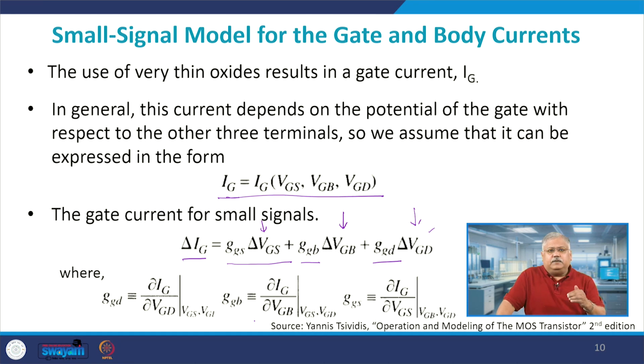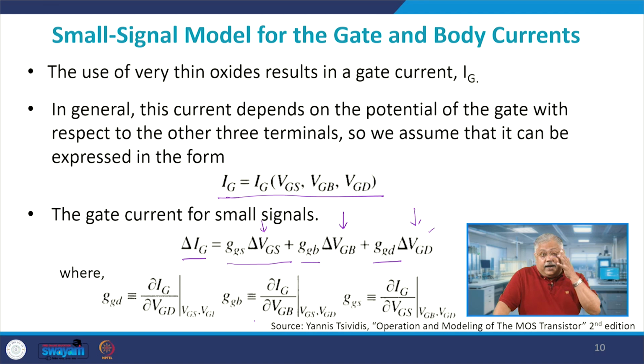It primarily tells me how my gate current is changing when I vary my gate to drain potential, right. What is VGB, how is the gate current varying when it is gate to bulk, and how is my gate current varying when I change gate to source, right, and depending on that the gate current will be changing.